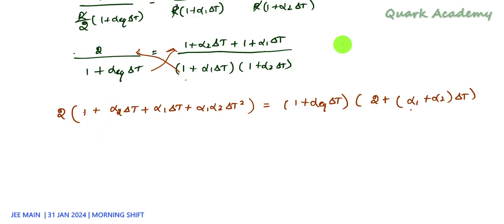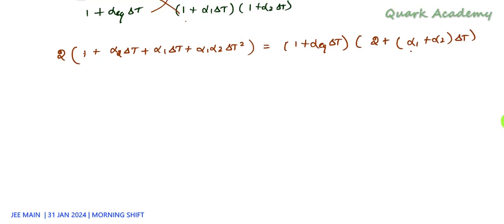Again, let's simplify this one. This is 2 into 1 plus alpha 1 plus alpha 2 delta T, and we can just neglect this delta T square. It's not equal to 0, but we can just neglect it because it's very small compared with delta T. And similarly, we'll find here also.